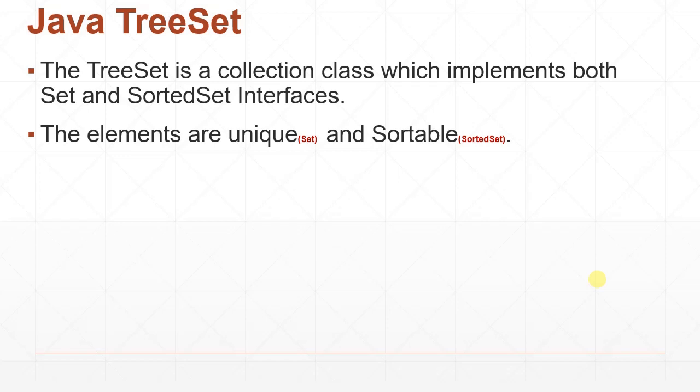So when we add elements to our TreeSet collection class, automatically the elements are unique. That means duplicates are not allowed, and the elements are sorted by default in natural sorting order, or in some other sorting order which is customized by the user. But the elements are sortable, so that's the gist of it.